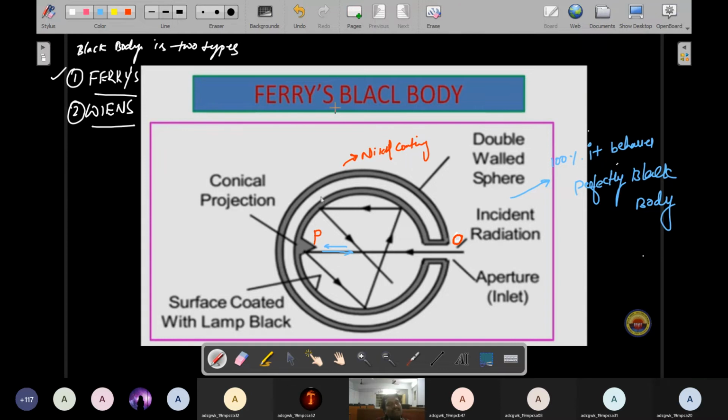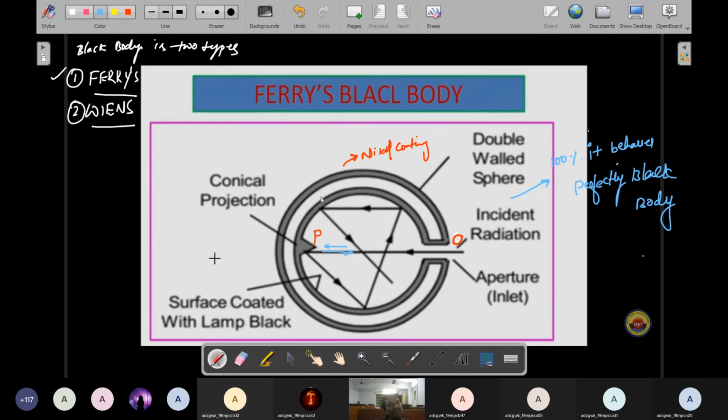But in the case of Ferri's black body, the lamp black coating is coated inside the surface of the double wall sphere. And after that, if you incident light of suitable wavelength from outside onto this black body, there is a chance for the light wave to escape, but inside there is no chance. Everything gets reflected a number of times until it is absorbed completely. So that is the only difference between an ordinary black body and Ferri's black body.